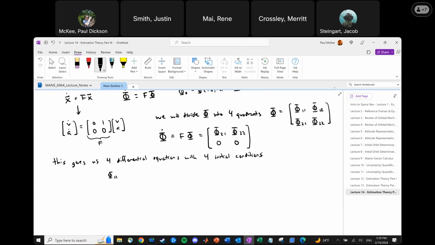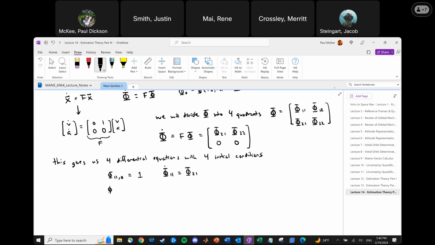So phi 1,1 initially is equal to 1, right? Because we know that phi starts off as the identity matrix. So it starts off as 1, 0, 0, 1. So phi 1,1 starts off as 1. And we also know that phi 1,1 dot is equal to phi 2,1. Okay. Not super interesting on its own. Let's look at the whole problem. We're going to come back to this.